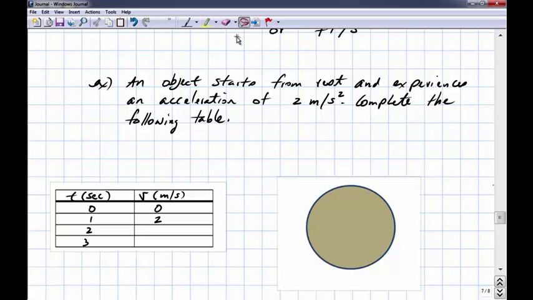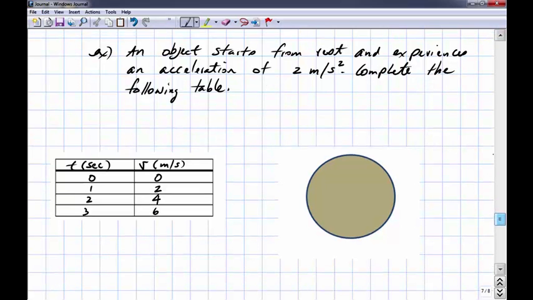At time 2, another second has gone by, and because our acceleration is 2, our speed will increase by 2 meters per second from what it was earlier. So the speed here is 2. If we increase that by 2, our speed will now be 4 meters per second. And finally, at a time of 3, our speed will again increase by 2 meters per second every second, and so our speed will increase to 6 meters per second.